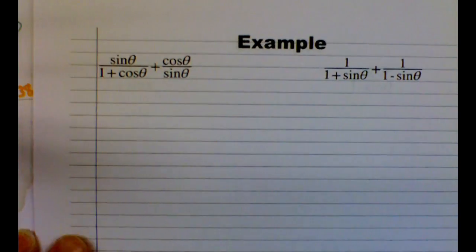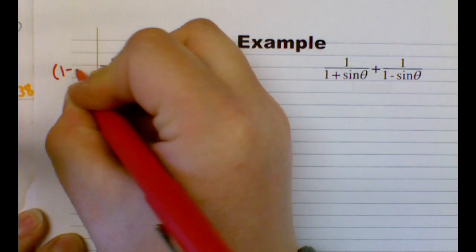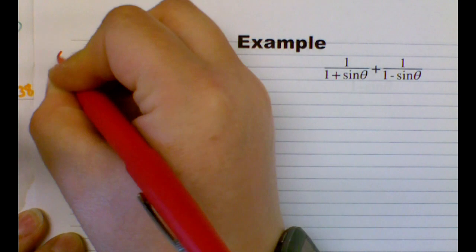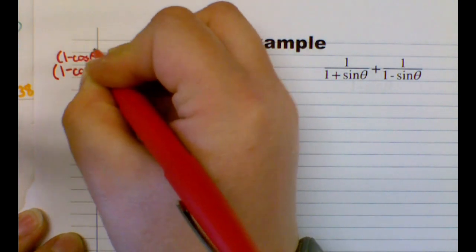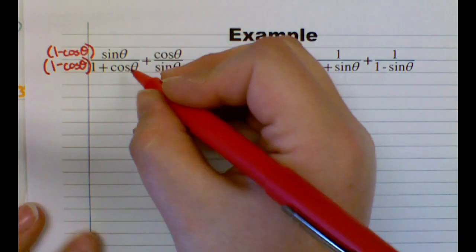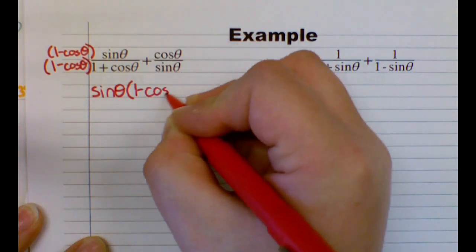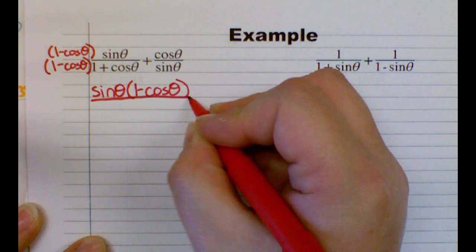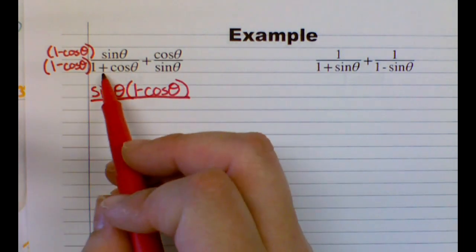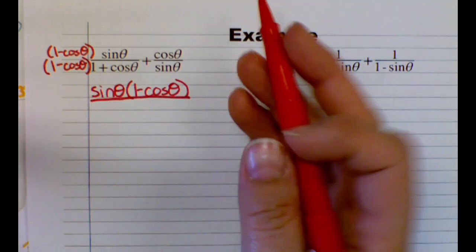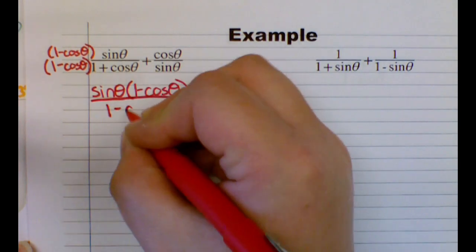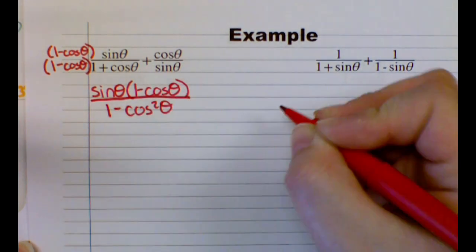So multiply the numerator and denominator both by 1 minus cosine, in this case. So in the numerator I have sine of theta times 1 minus cosine of theta all over, when I multiply this denominator out, it's a difference of squares.